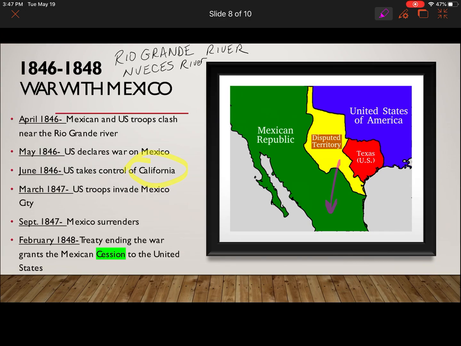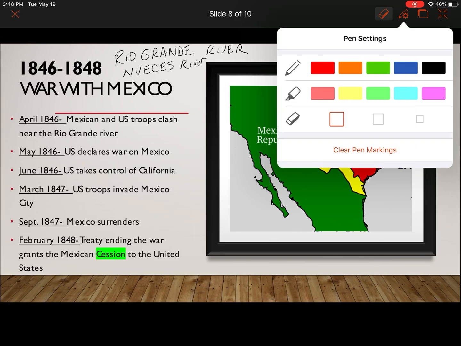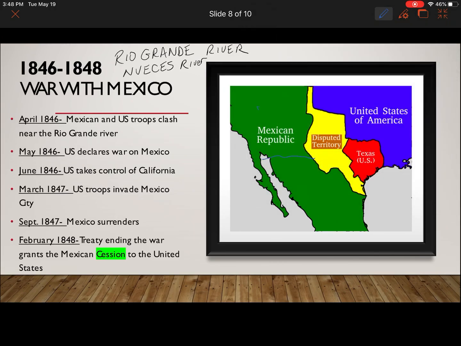The treaty ending the war is known as the Treaty of Guadalupe Hidalgo. And basically, the result of this war is that we won a huge chunk of Mexico's land. Not all of Mexico. Obviously, you know that Mexico still exists today. But it's all of this land north of what we consider the border today that we won from Mexico.